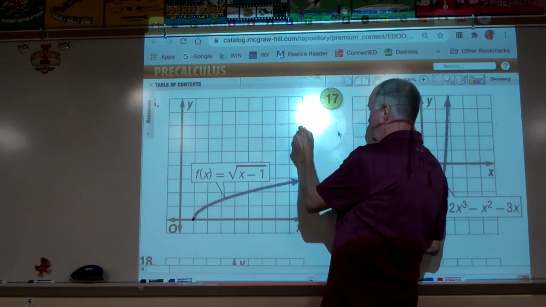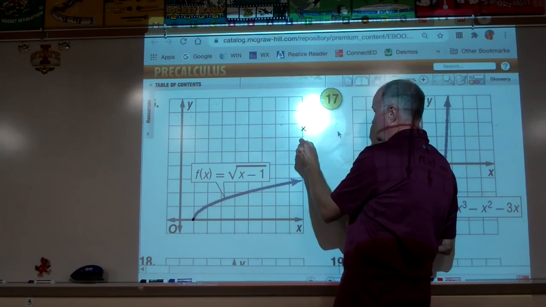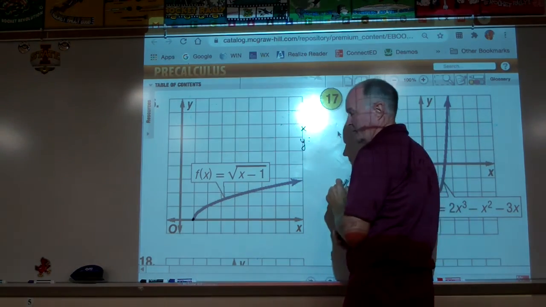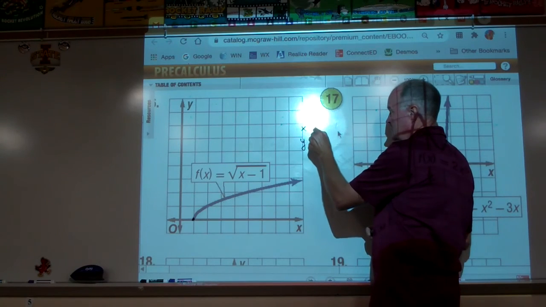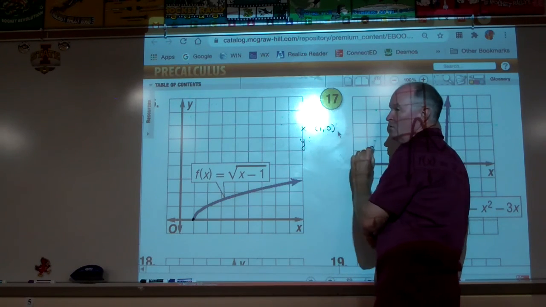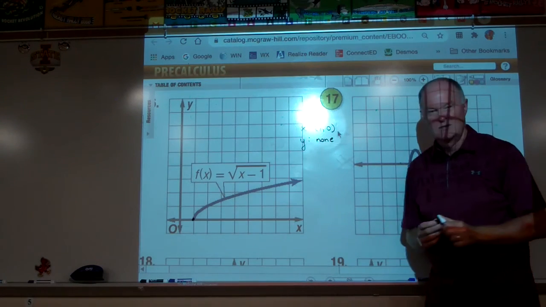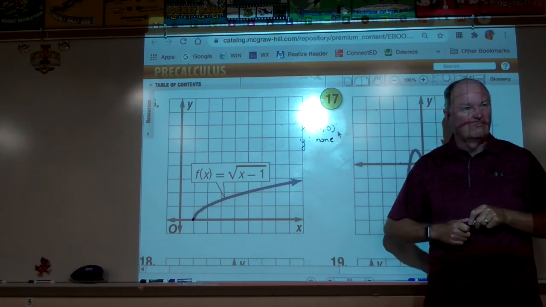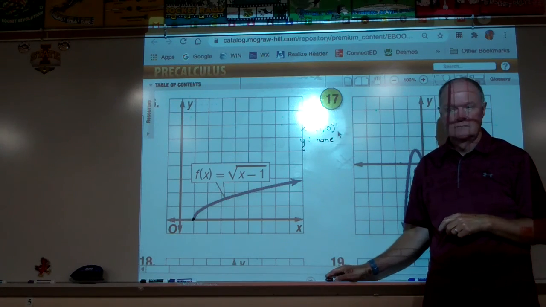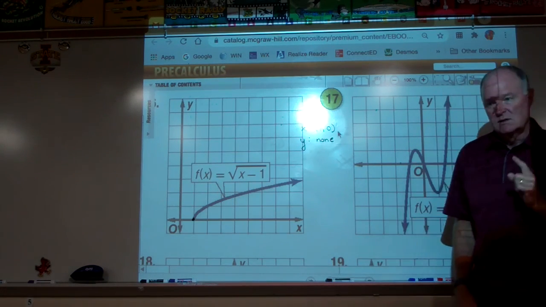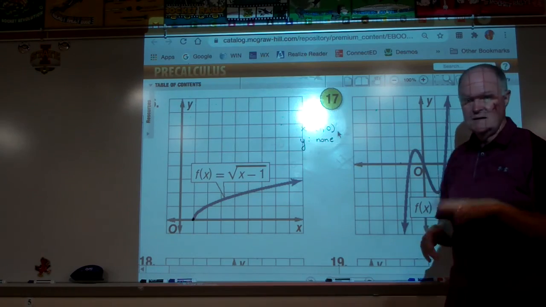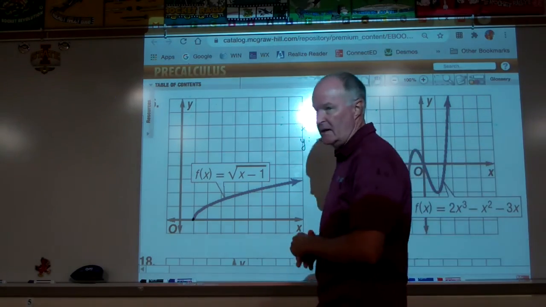So, x-intercept, y-intercept. X-intercept, 1, 0. Y-intercept, none. That's what I'm looking for. Work on those 8 real quick and we'll go take a peek at them and see how it goes.